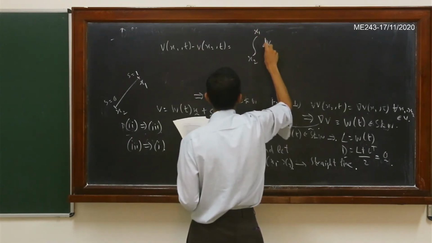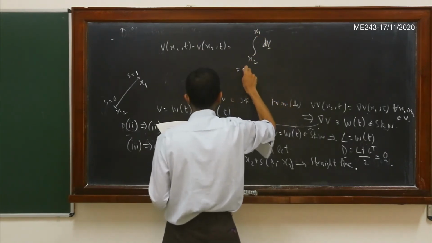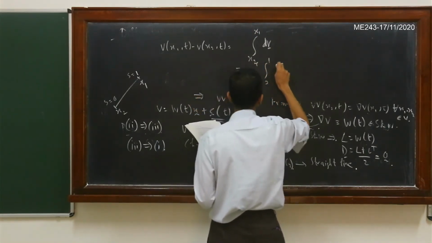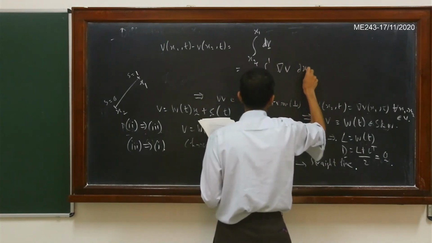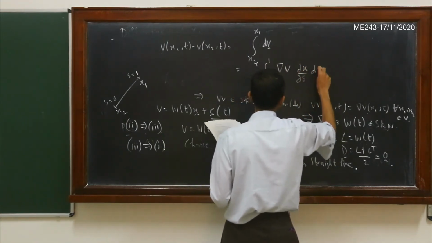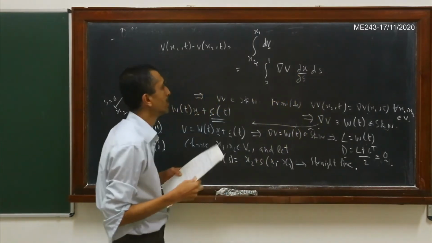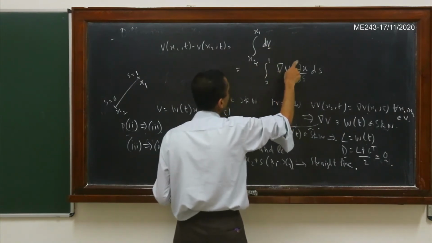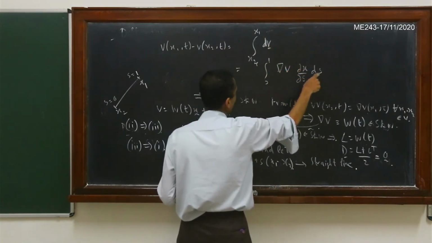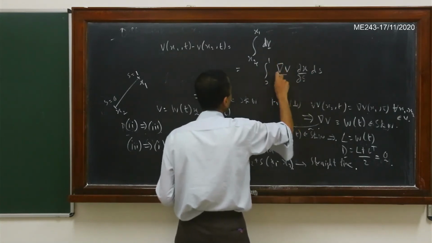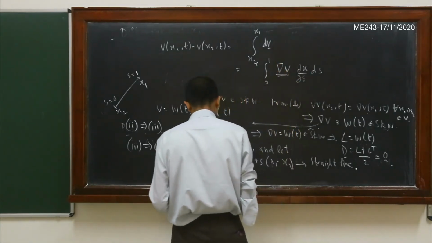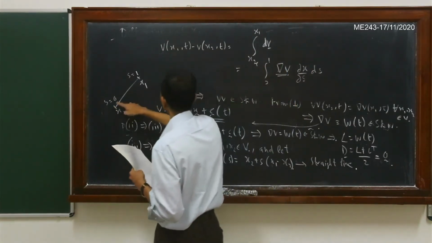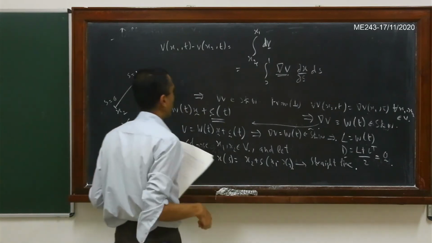We can write it in this particular way, and this is equal to the integral from 0 to 1 of del v times del x by del s times ds. Here I am just using the chain rule, writing this as del v by del x times del chi i by del s times ds, and this is nothing but the velocity gradient. The limits are from 0 to 1 because we have already indicated that the limits for s are from 0 to 1.